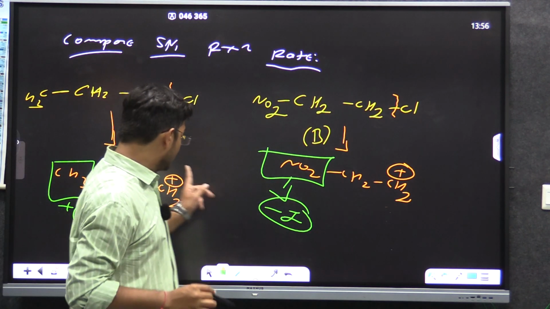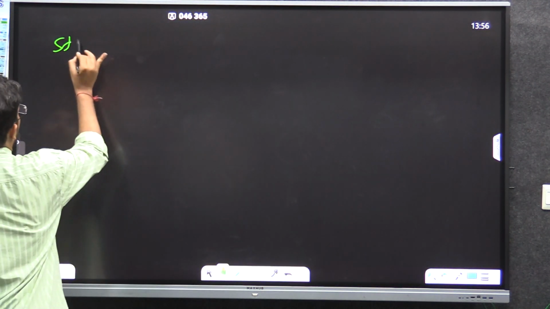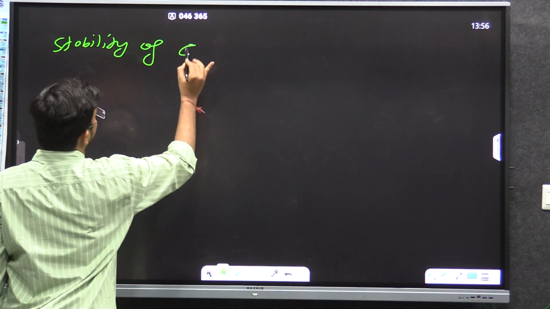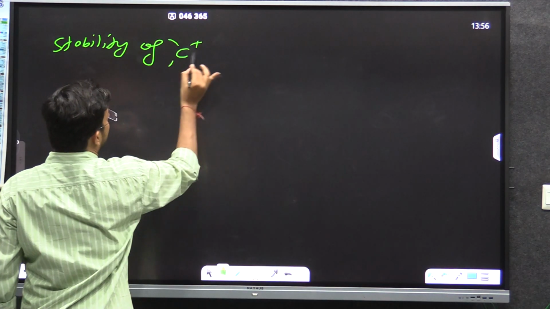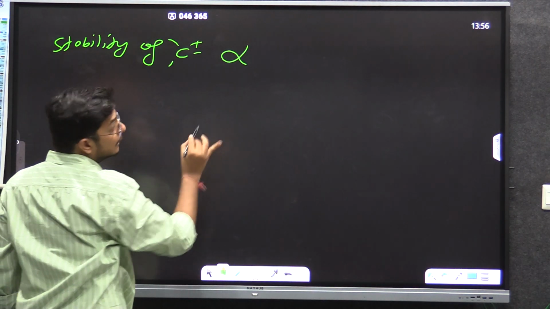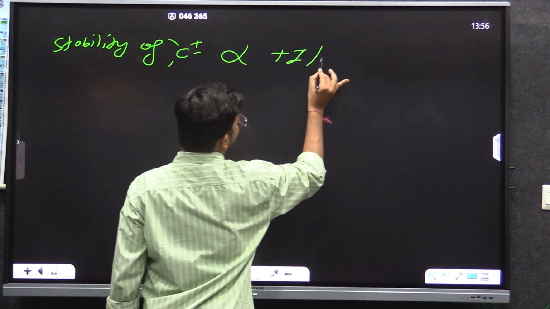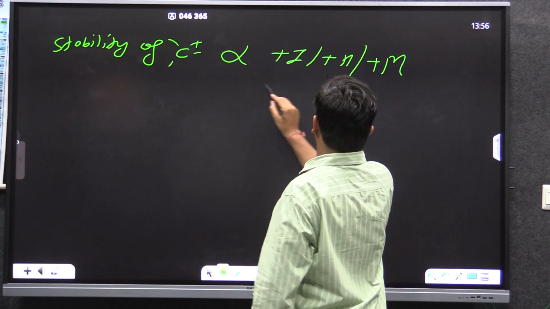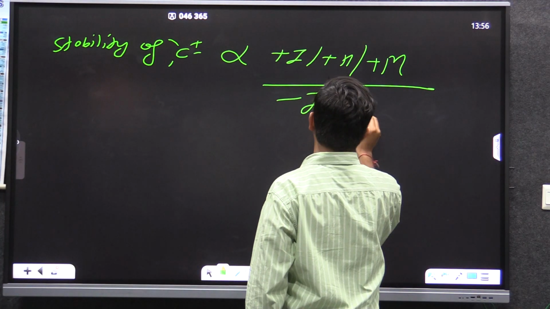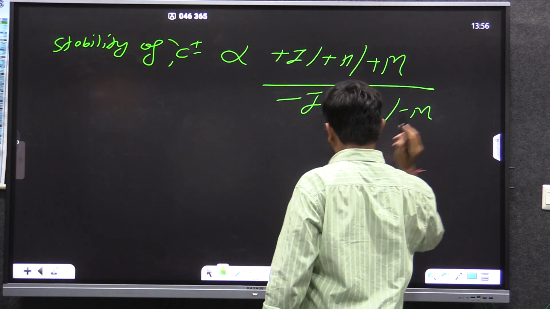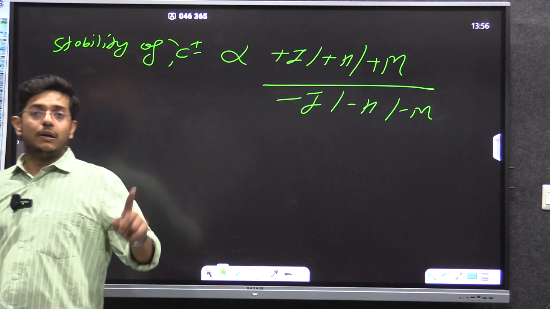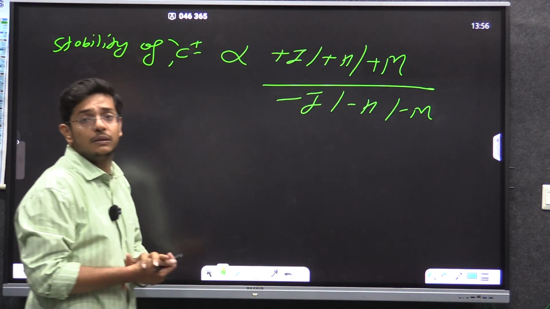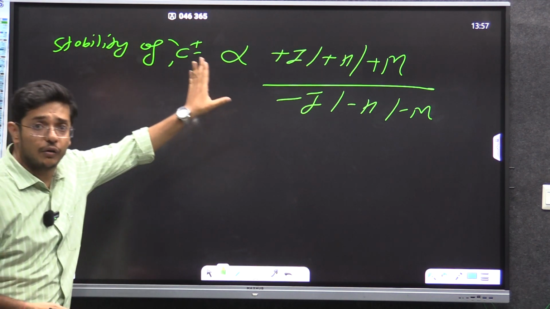The stability of a carbocation is directly proportional to plus I, plus H, or plus M effect, and inversely proportional to minus I, minus H, and minus M. You need to learn this; I hope you know this, it is basics from general organic chemistry.